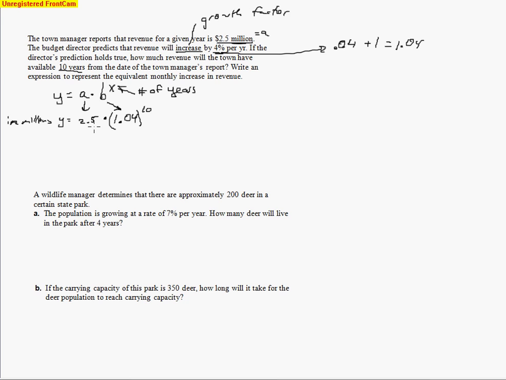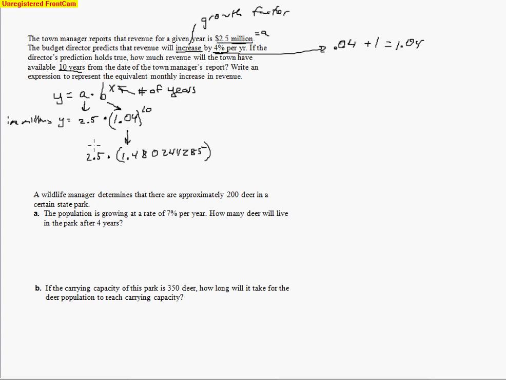When I did that on the calculator, I got 1.4802, and then it kept on going. It was actually 1.480244285 is what my calculator showed. I'm going to use that number and multiply it by 2.5 million. I'm just going to do 2.5 for now.